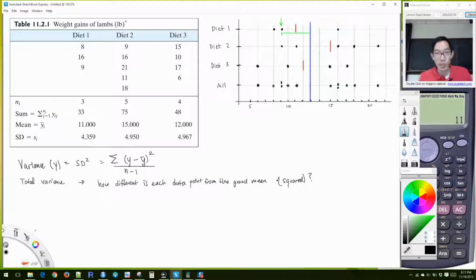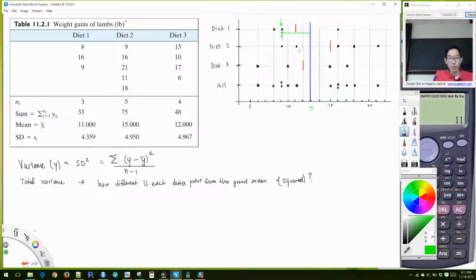So how different is each data point from the grand mean, that quantity squared. Look at this data point right here. This data point is 9. How far away is it from the grand mean of 13? It's 4 units away.